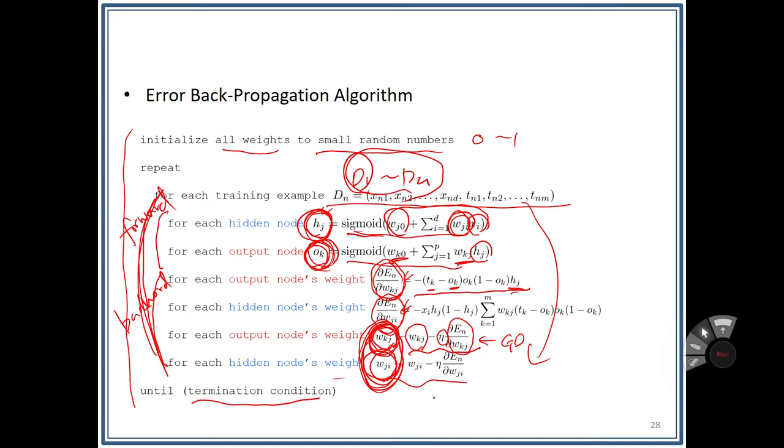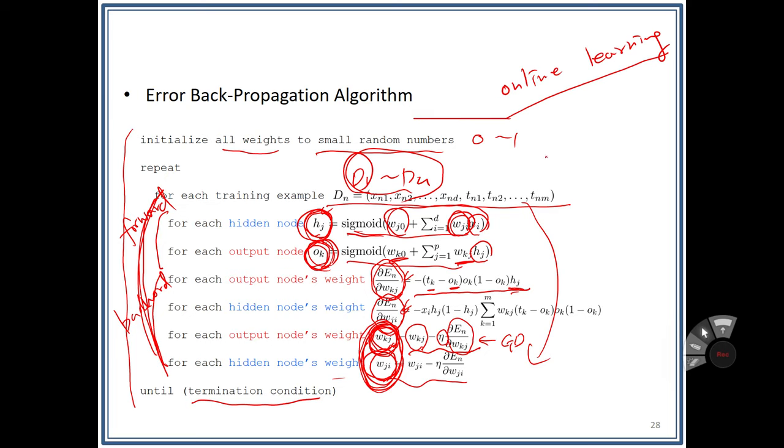This kind of update rule is called online learning. So we update the weights in the neural network by passing one data point at once.